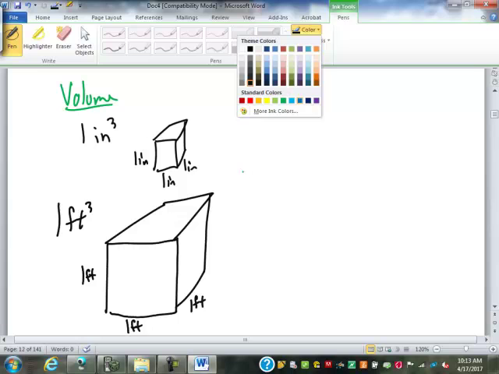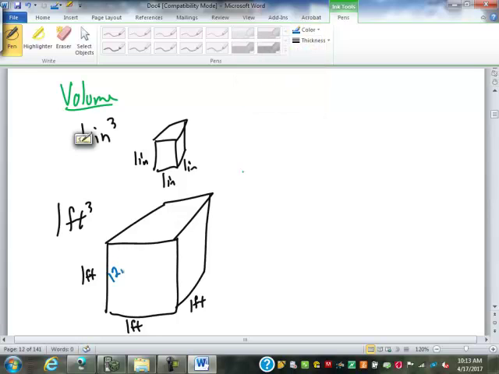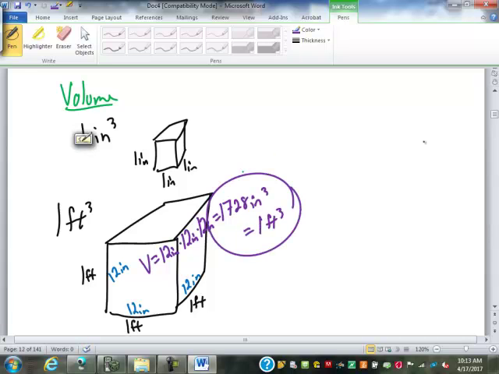Of course, that's 12 inches by 12 inches by 12 inches, which is a volume of 12 inches times 12 inches times 12 inches, or 1,728 cubic inches equals 1 cubic foot. So we've got to be aware that those conversions change.